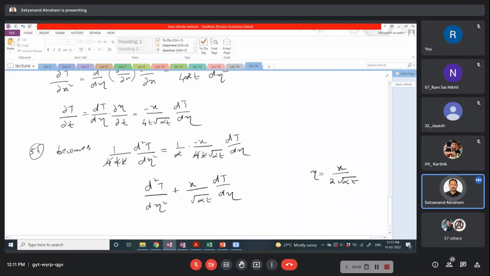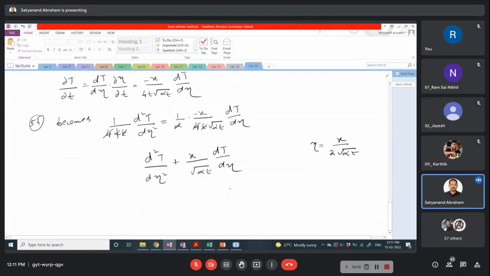Therefore we can write x/√(αt) is equal to 2η. So our equation becomes d²T/dη² plus 2η dT/dη is equal to 0.